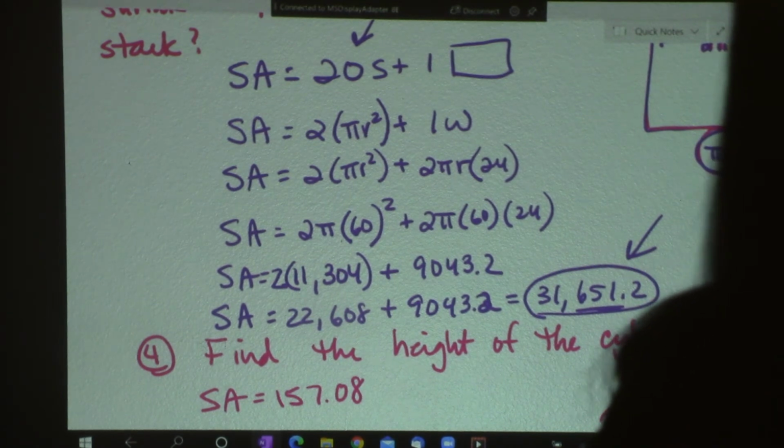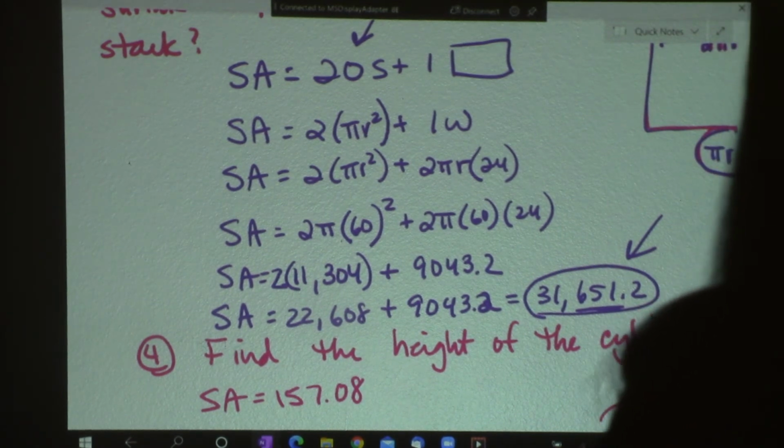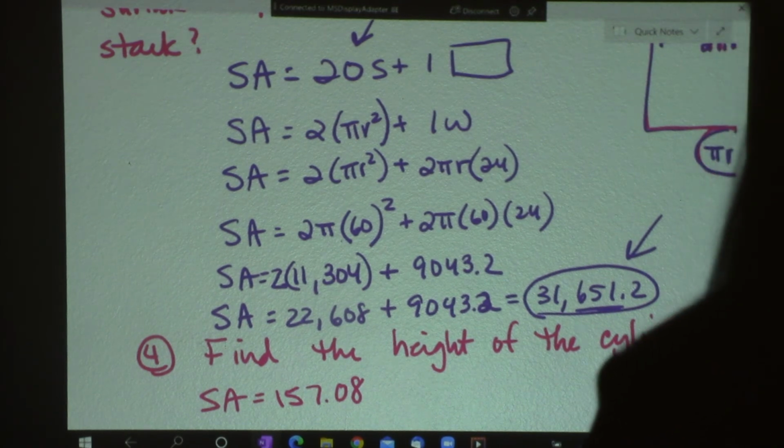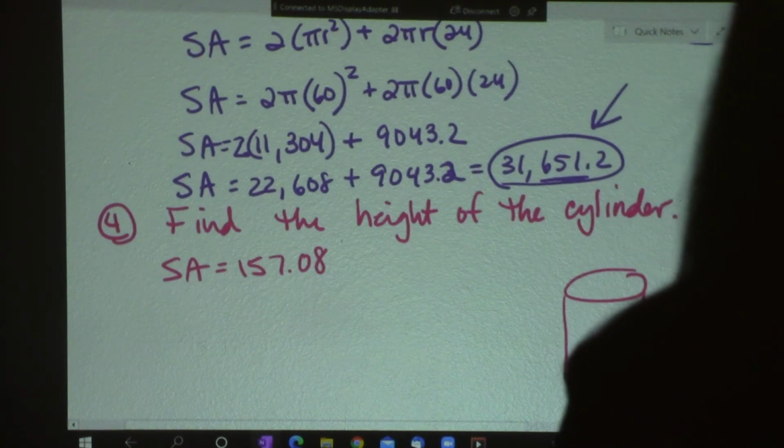If they don't, there might be a slight difference between your answer and the book answer. It might be off by a couple points. That's okay. You can just go back and check your work. On the test, I should have it tell you what to round to, okay? Just so you know. All right, let's do number 4.